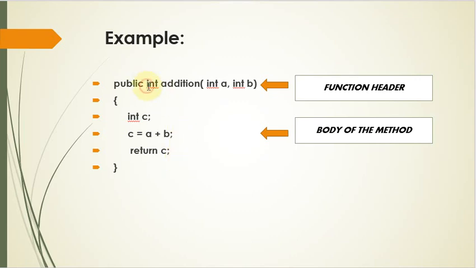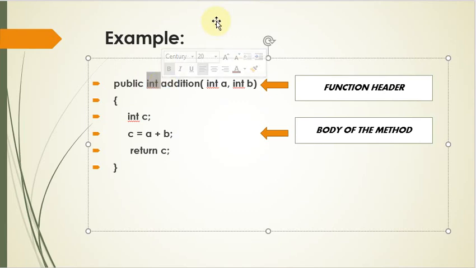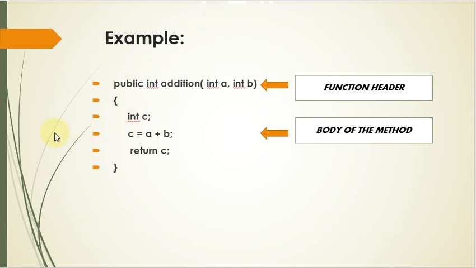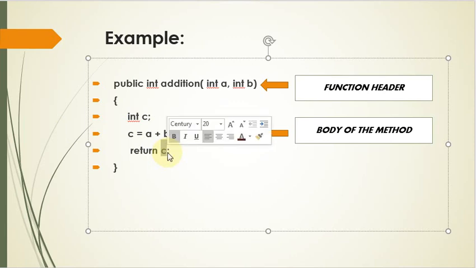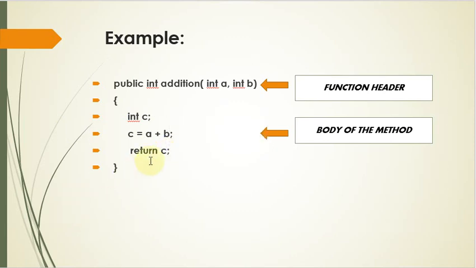As we have not specified void here, rather we have used int, it indicates the function is returning an integer type value, and there we must use the return statement. The variable being returned must also be of that same type. The variable c is an integer, since the function is returning an integer value, so the return type of the function should be integer, and therefore the value we return must be of the same data type.